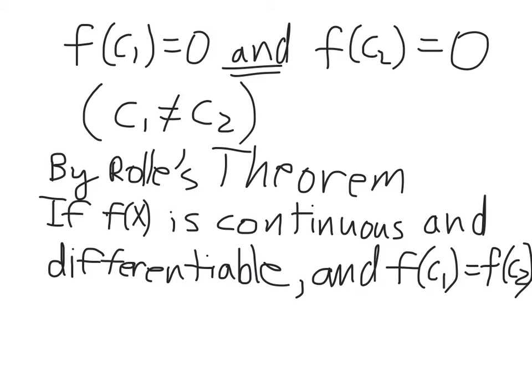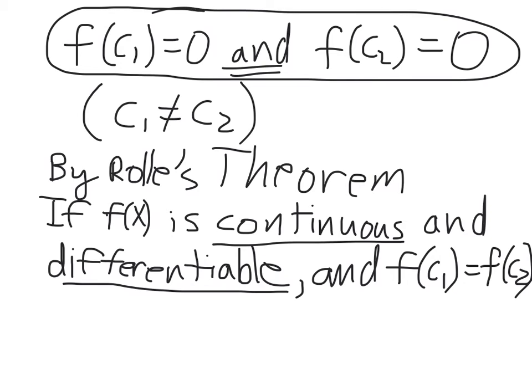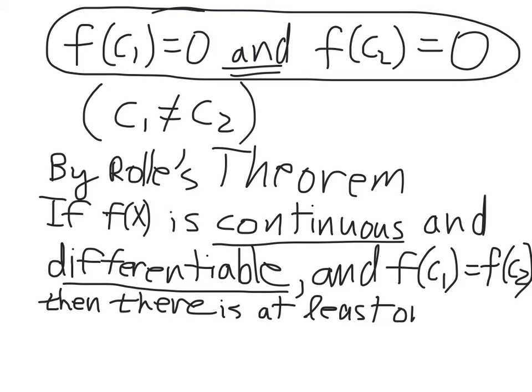With those conditions, a continuous and differentiable function, and f of c sub 1 equals f of c sub 2, which we identified as x-intercepts where the function would equal 0, Rolle's theorem says there is at least one x value in the interval.